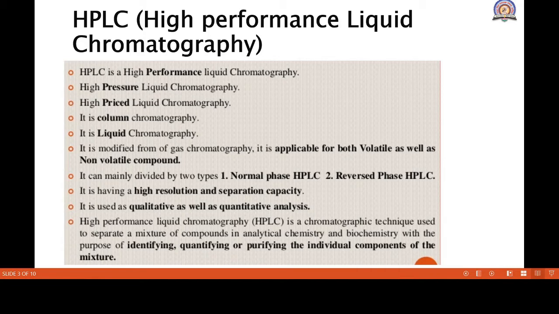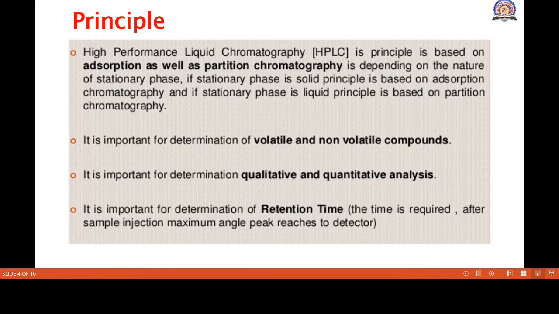So this is the principle of this HPLC. It is an analytical technique. It is mostly used in analytical chemistry as well as biochemistry to identify, quantify and purify the individual components of the mixture. Then we see the principle of this HPLC.